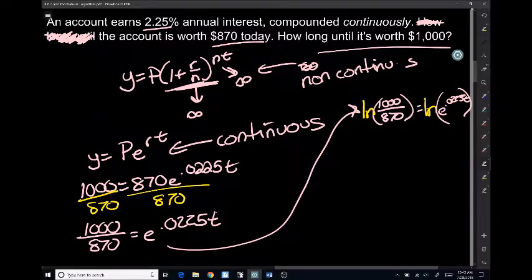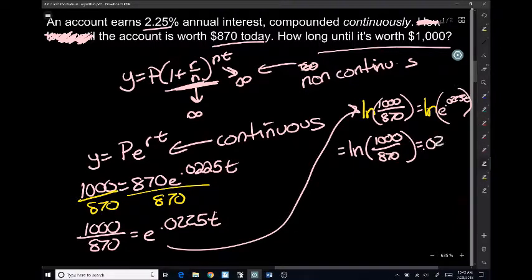On the left side, we just have to calculate this. On the right side, all we get is 0.0225t, because the natural log and the e are inverses, so they undo each other, and we're just left with this. So I divide both sides by 0.0225, not the t.